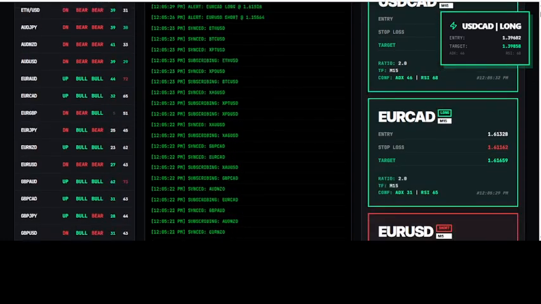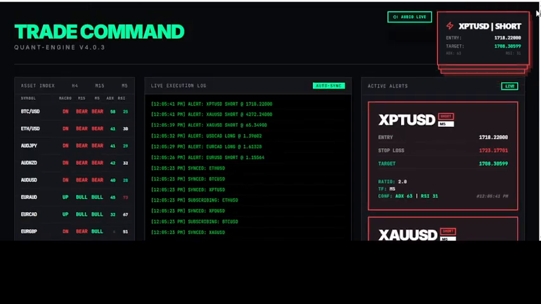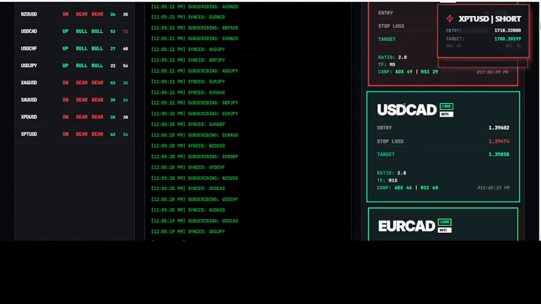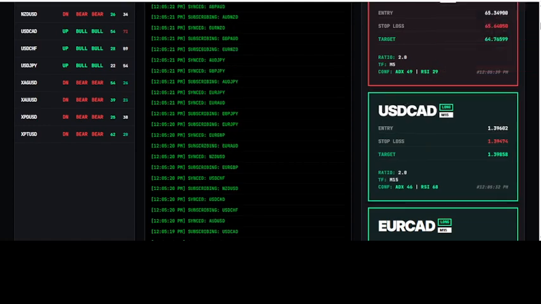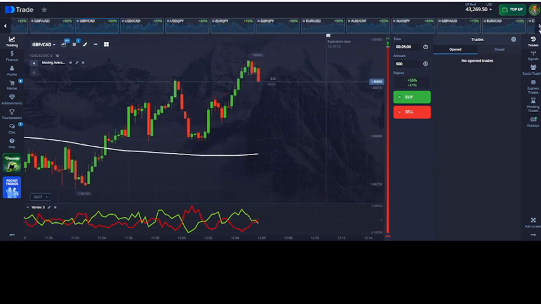Let's do US Canadian dollar on the 15-minute time frame. So let's look for USD Canadian dollar.